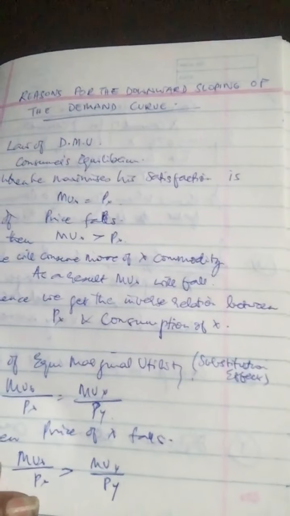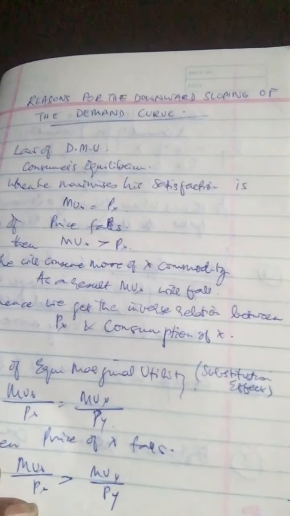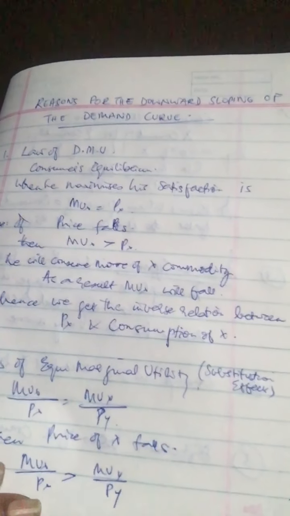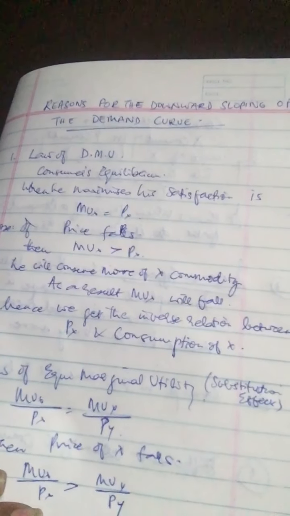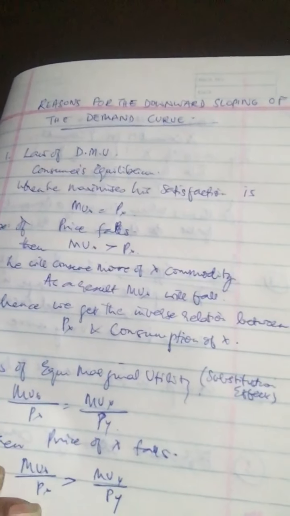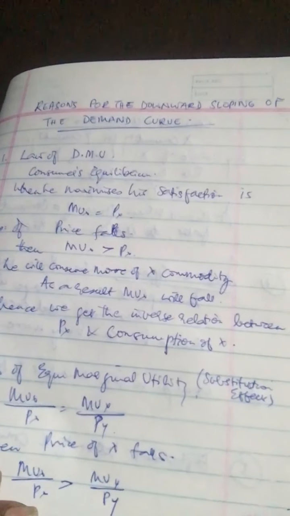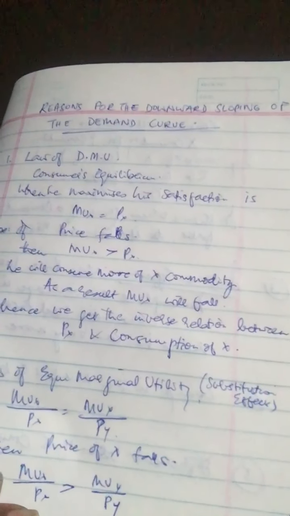Given that a consumer purchases a good up to the point where the marginal utility of the good becomes equal to the price of that good, MU is equal to P is the consumer's equilibrium, maximizing his satisfaction. Now suppose that the price of the good falls and therefore it becomes lower than the marginal utility. It means that the marginal utility is greater than the price. And since marginal utility is greater than the price, it will induce the consumer to buy more units of that good.